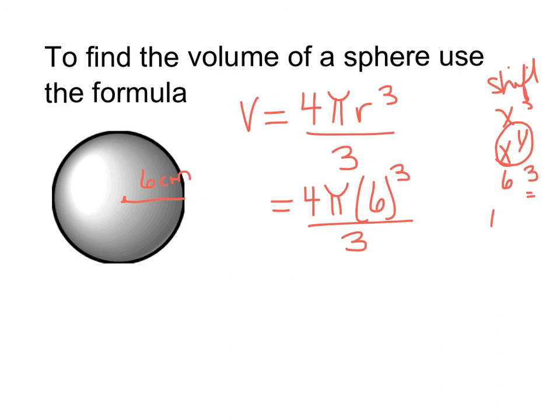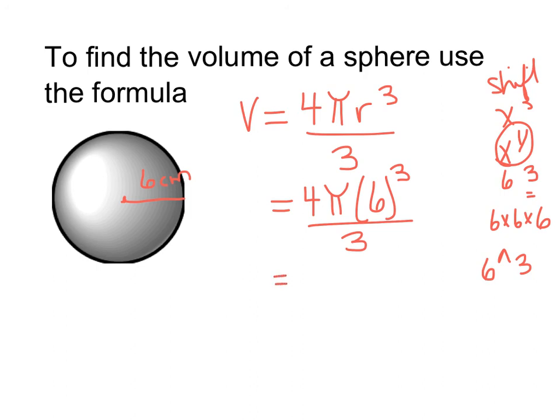Or you could just do 6 times 6 times 6. Or you might have a button that looks like a little arrow up. So you would go 6 to the exponent 3. Those are all options for using your calculator to calculate 6 cubed.